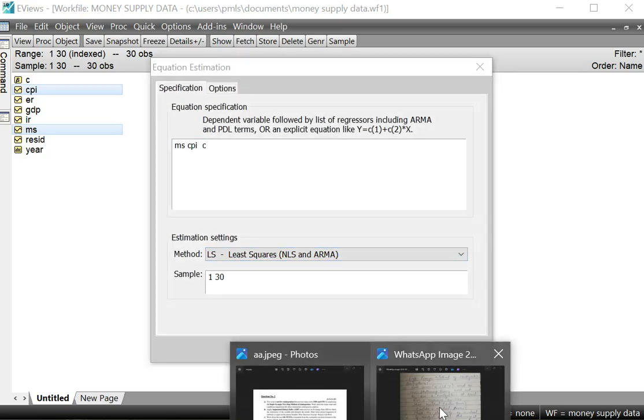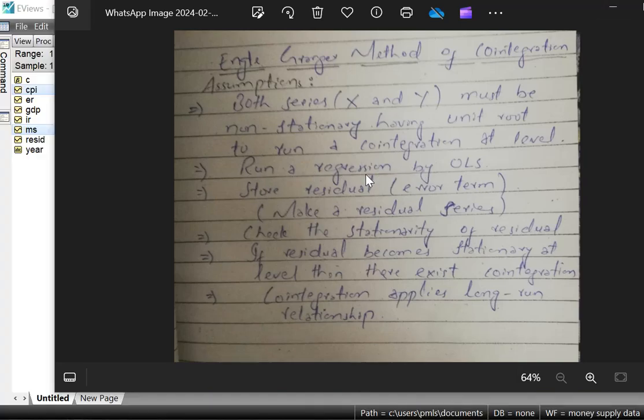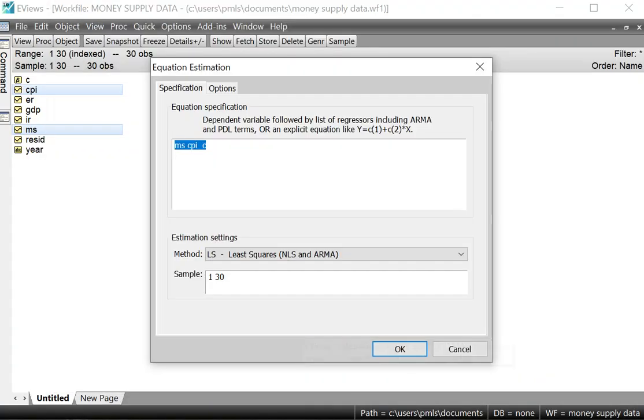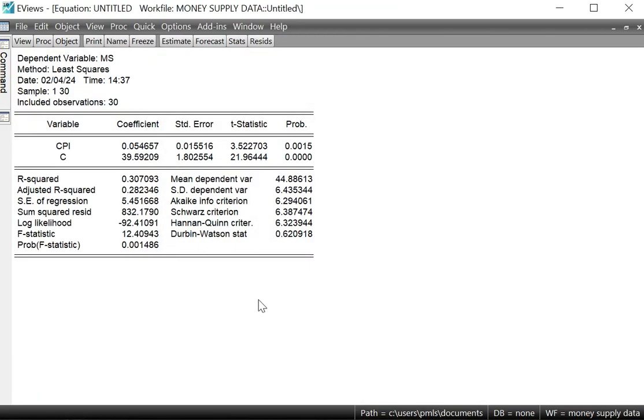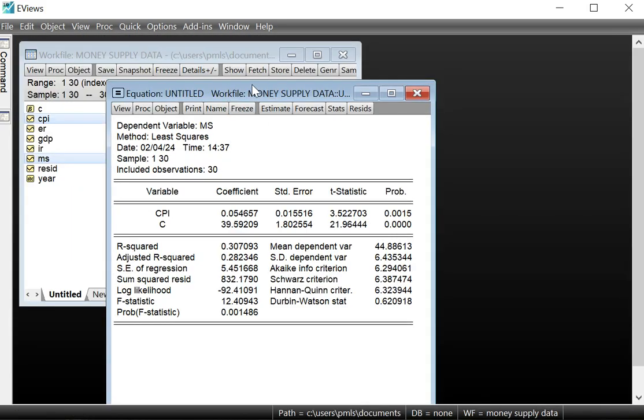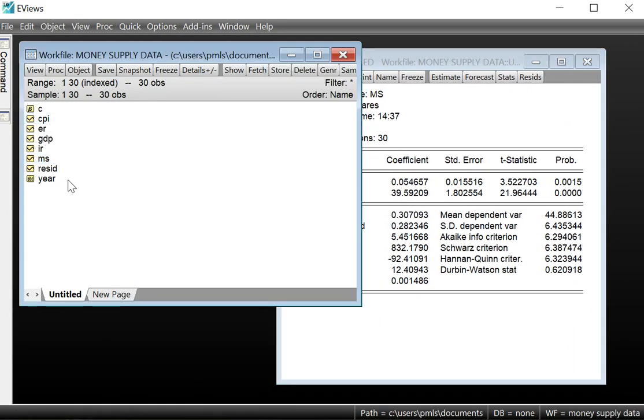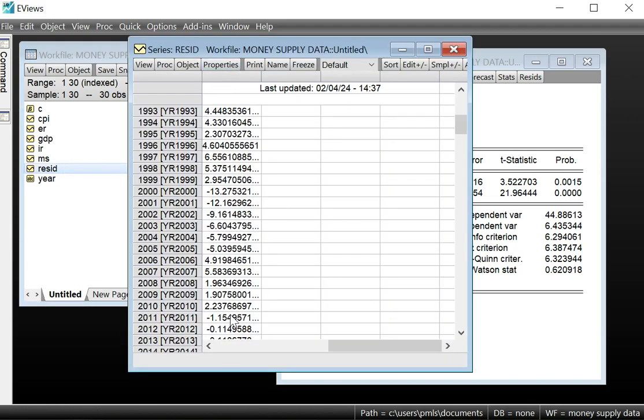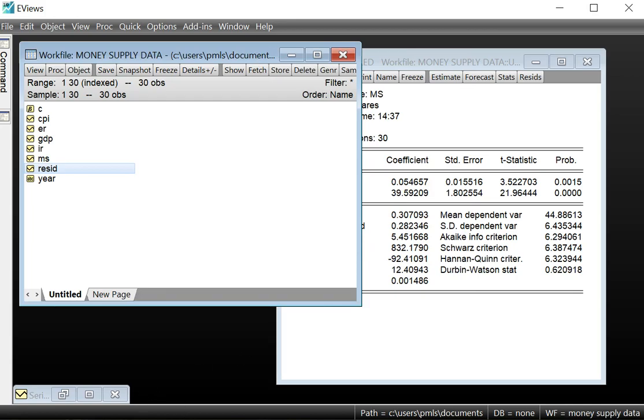We have data for 30 years, 1 to 30 years. If you minimize this and check the resid value, now there is a residual. Yes, the residual values have come.